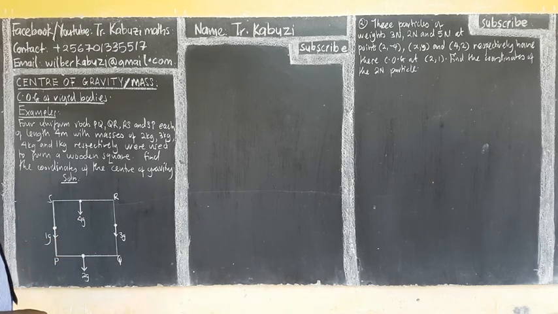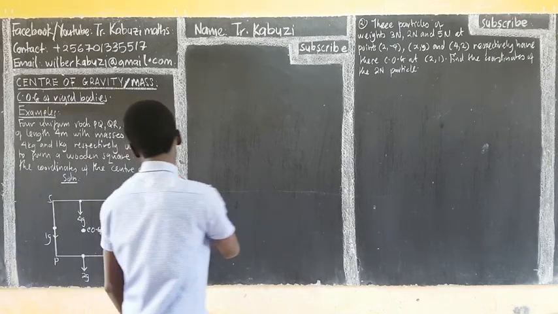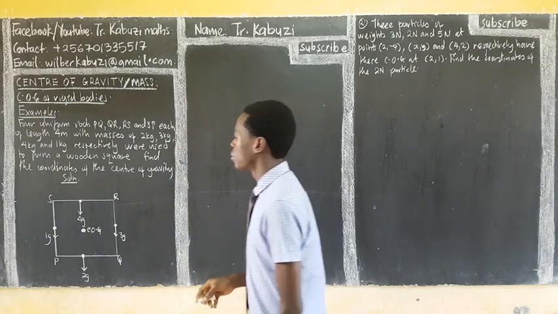Okay, so I don't know where my center of gravity is. I say, let it be here. And I call this now the center of gravity, of those weights there. So what am I going to call it?